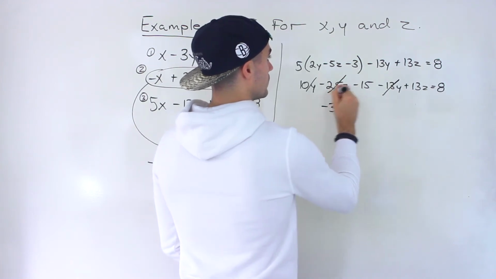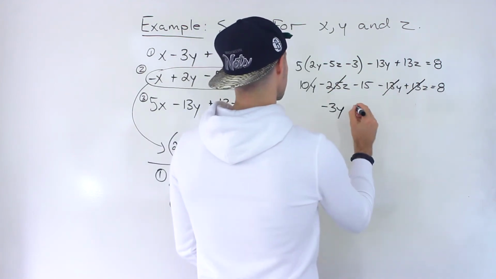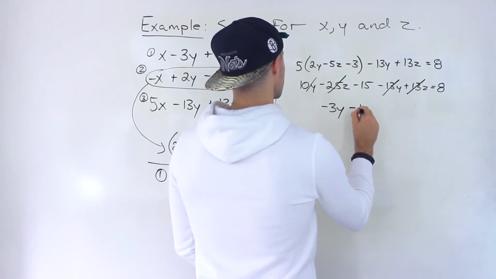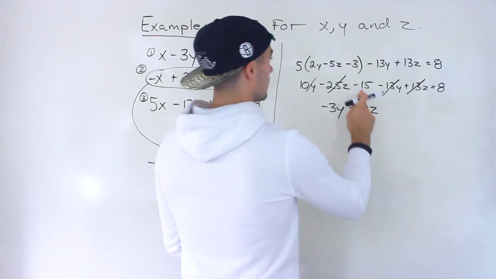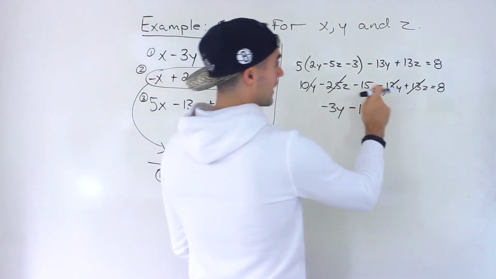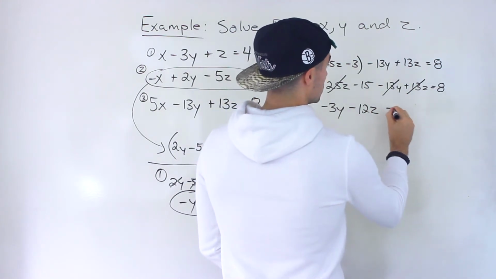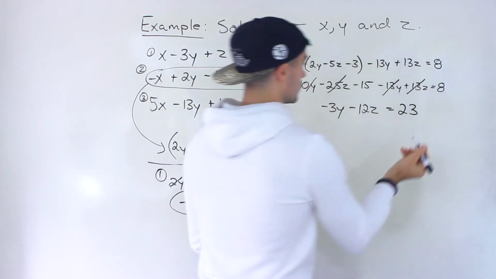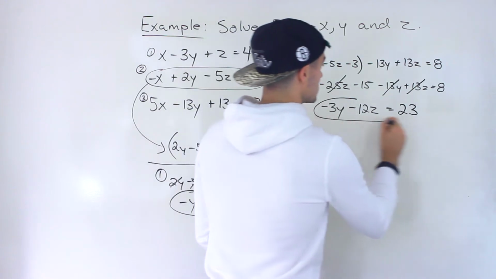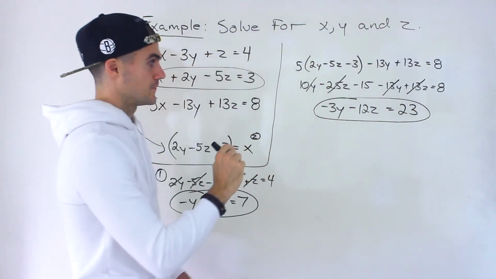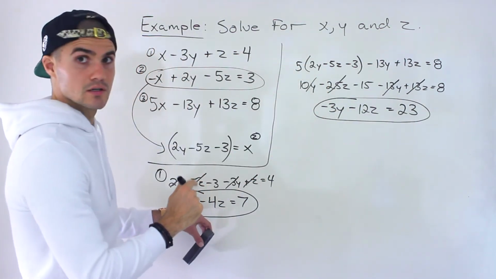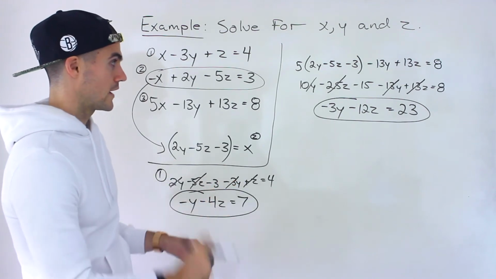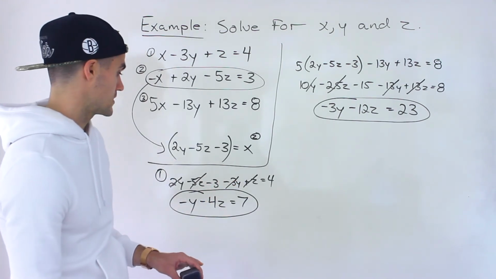Then we'll have negative 25z plus 13z, which would give us minus 12z. Then bring the 15 over, we'll have 8 plus 15, which would give us 23. So now notice we have 2 equations, 2 unknowns, y and z. So now we could solve for y and z.